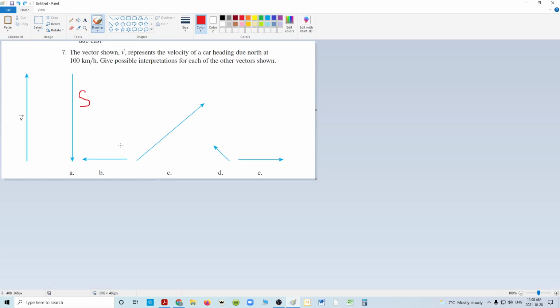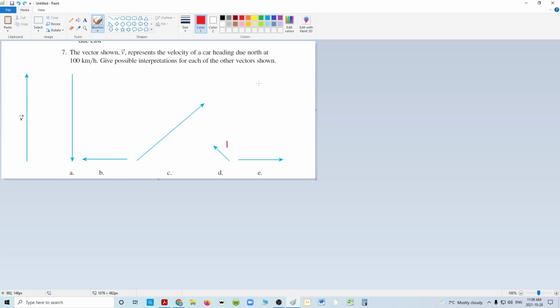This one he's turned west. Looks to be about a third of that. So we'll say he's turned west 30 kilometers an hour. This one looks almost the same length. So he's gone 100 kilometers per hour northwest. This one looks like 1/10 of the thing. So he's suddenly gone 10 kilometers an hour northwest.